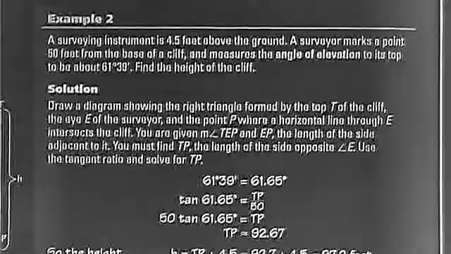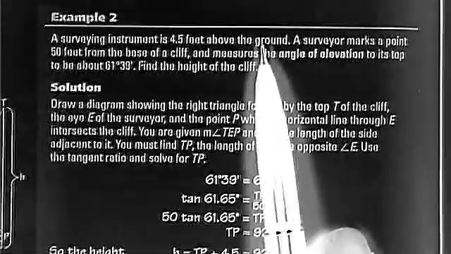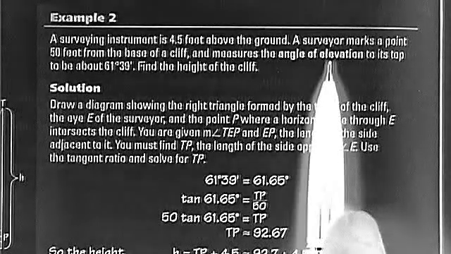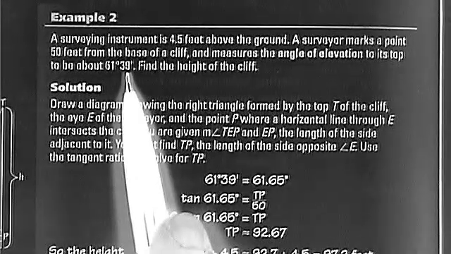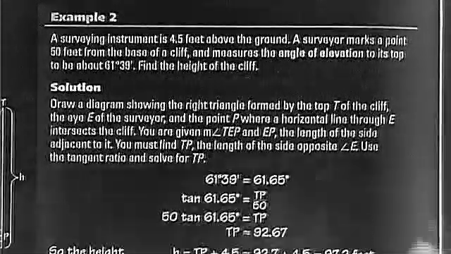Now, you're going to find some of these situations like in example 2. This isn't a difficult question. A surveying instrument is 4.5 feet above the ground. You do have to take that into consideration. A surveyor marks a point 50 feet from the base of a cliff and measures the angle of elevation to its top to be about 61 degrees 39 minutes. There's where the fractional part's coming in. Find the height of the cliff.